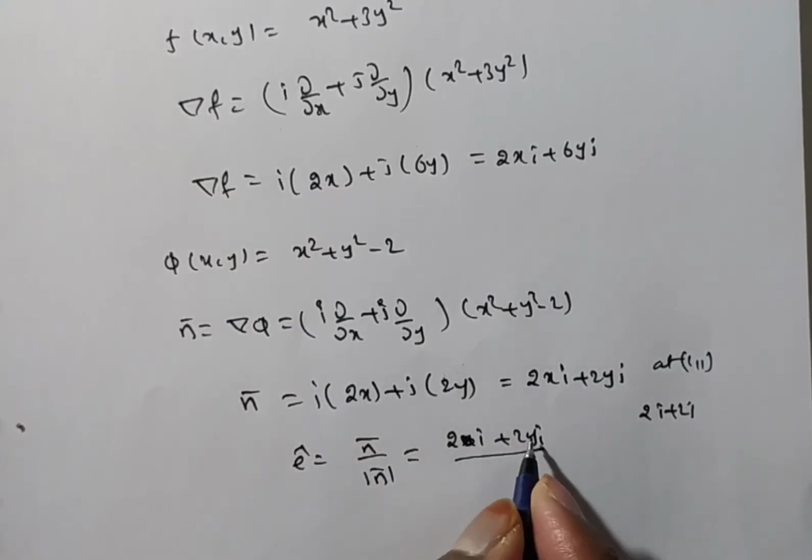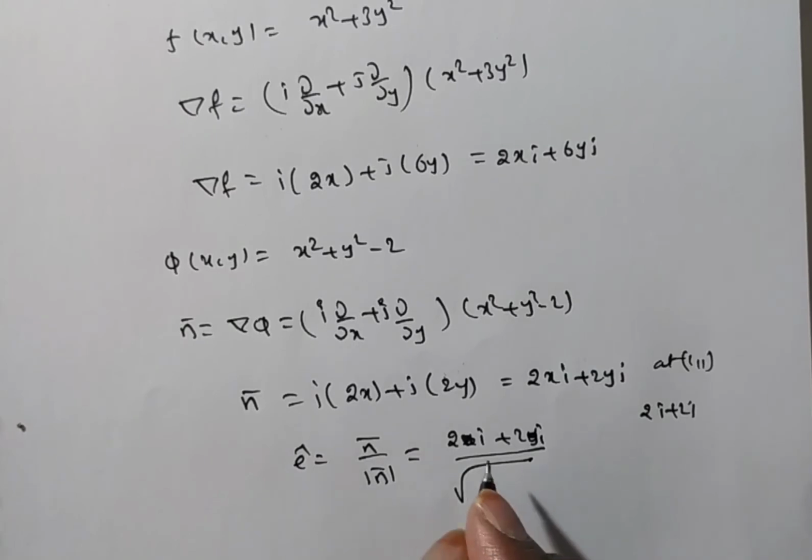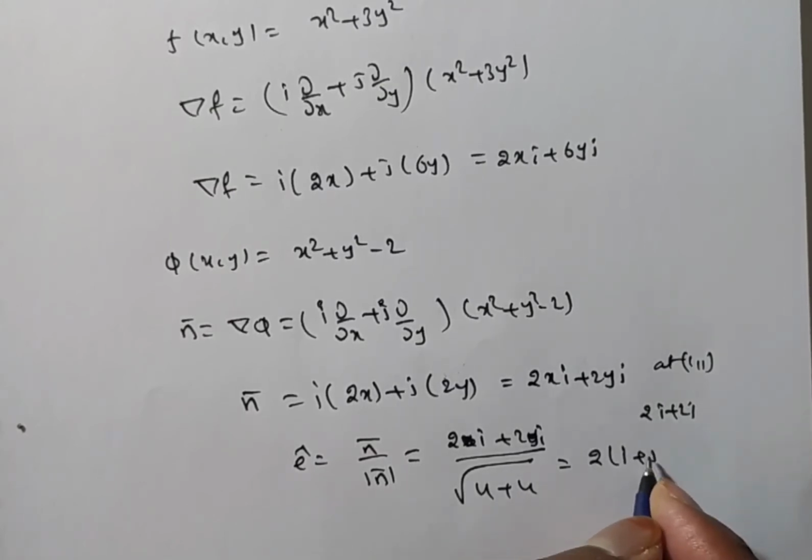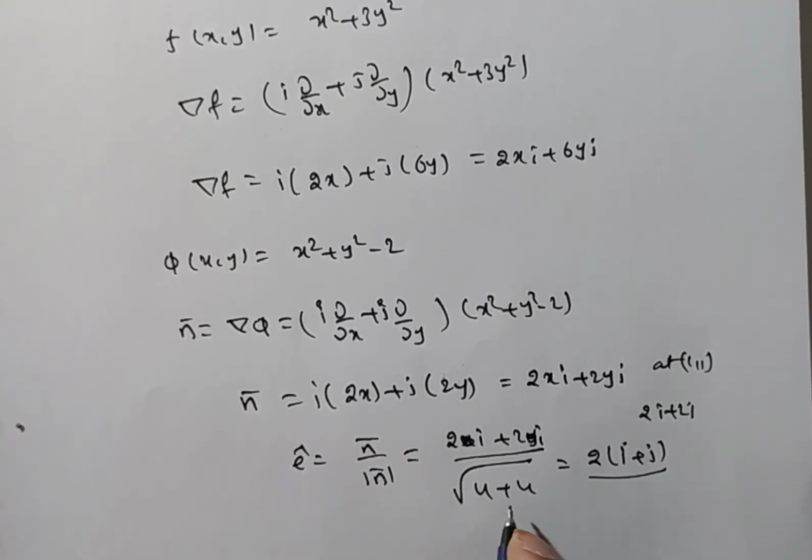At 1 comma 1, n bar is 2i plus 2j only. The modulus of n is nothing but the square root of the i coefficient square plus the j coefficient square. The i coefficient here is 2, 2 square means 4. The j coefficient is 2, 2 square means 4. So you have 2 times i plus j, divided by root 8.